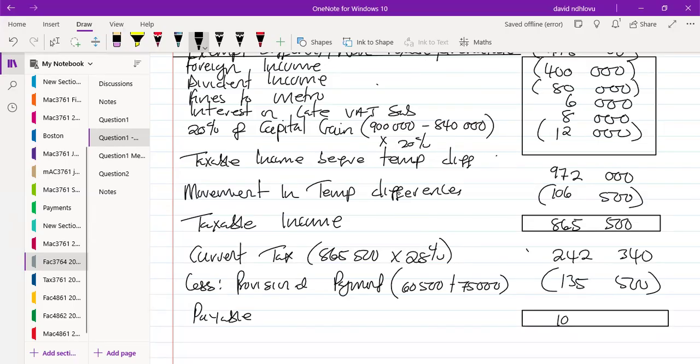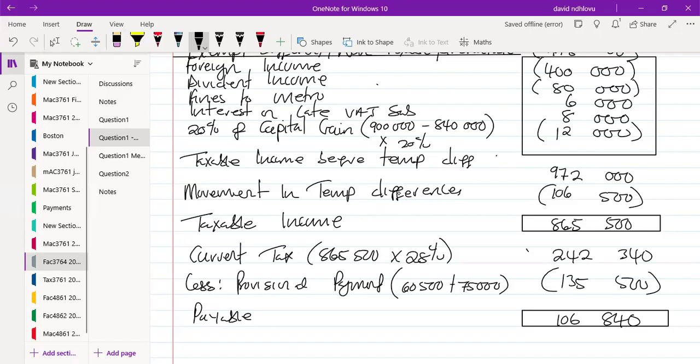So you have a figure of 106,840. Now, in the statement of financial position, under the current tax payable, you will sit on 106,840 because you have already paid a portion of the 242,340 that you were having there.